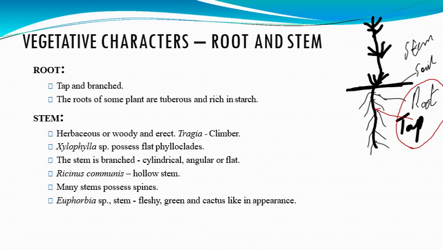So when reserve food material is stored in a root and that root swells up, such type of root is called a tuberous taproot or tuberous root. Next we have the stem.